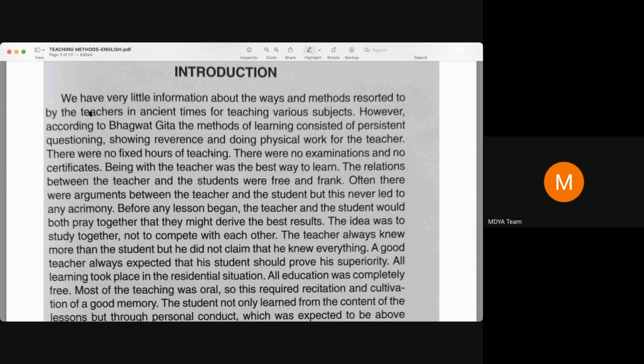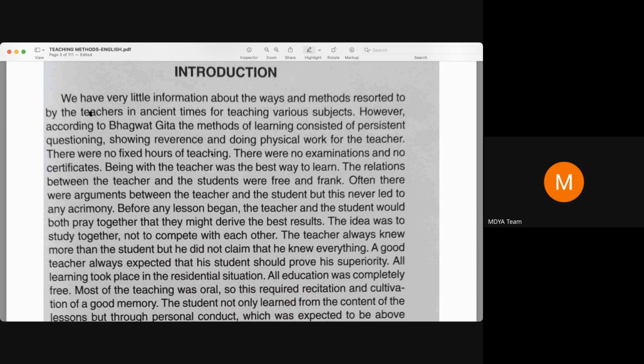The only difference between a teacher and a student was that students were somewhat younger. The teacher was more experienced and older, so they may have had more knowledge, but that doesn't mean they had complete knowledge. The teacher always knew more than the student, but he did not claim that he knew everything. A good teacher always expected that his student should prove his superiority.